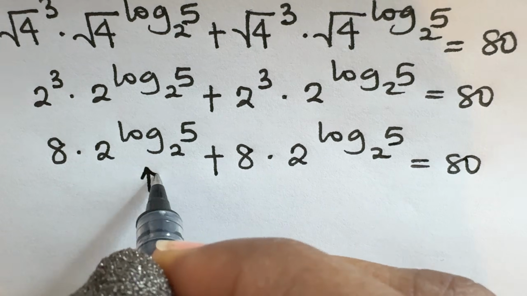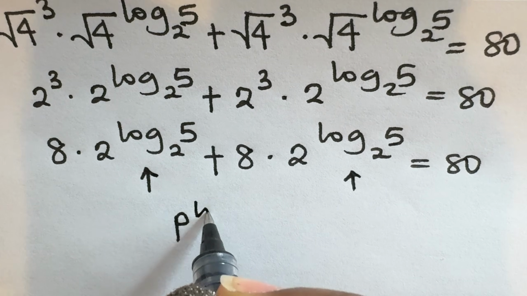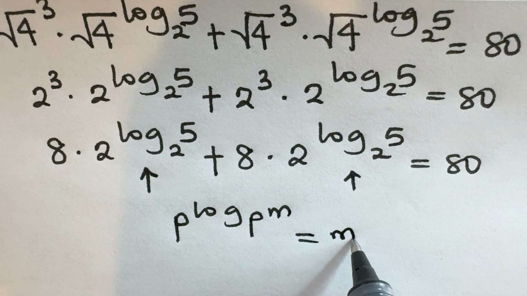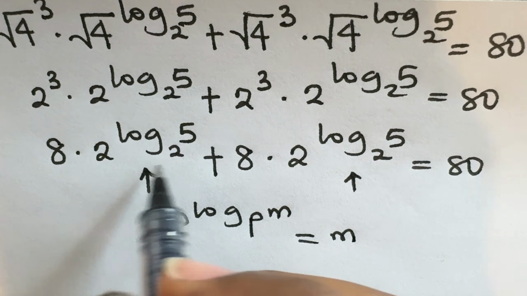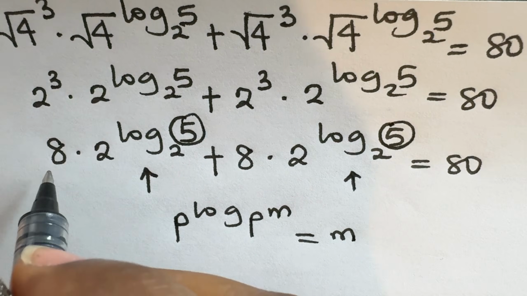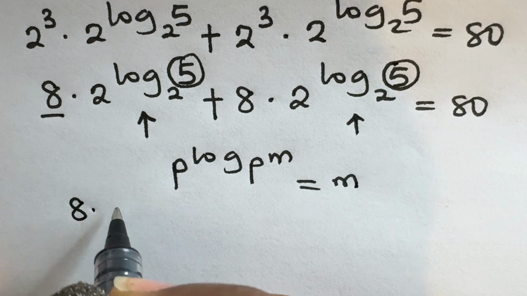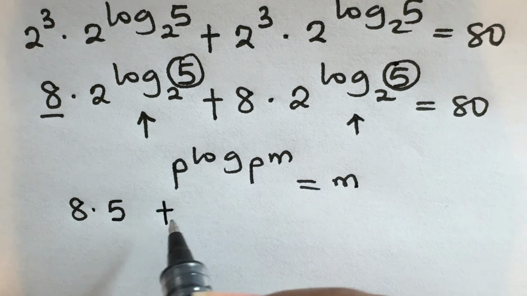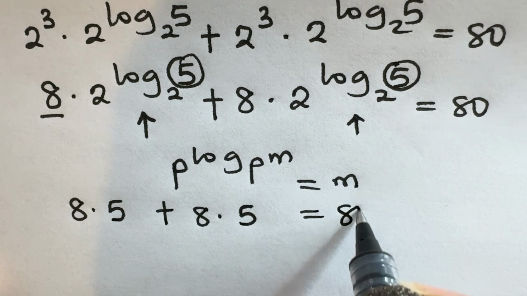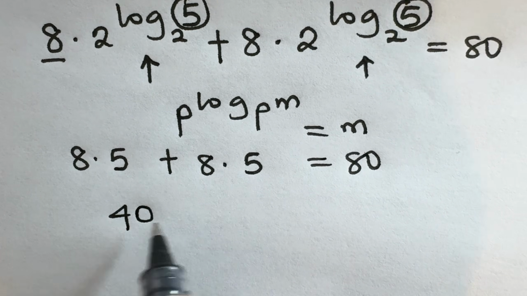This expression, which is exactly what we have here, is of the form p raised to power log m base p. And by law of logarithm, this is m. Therefore, applying the same law, this is going to give us 5. This as well will give us 5. Then we have 8 times 5, then plus 8 times 5 to give us 80. 8 times 5 here is 40, so we have 40.